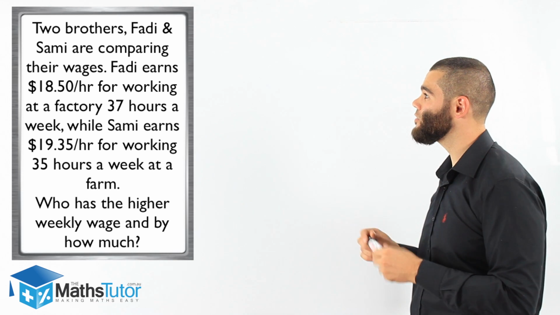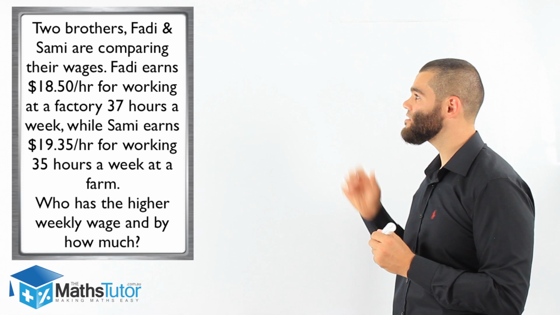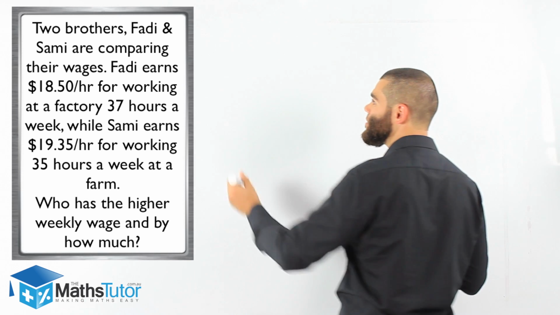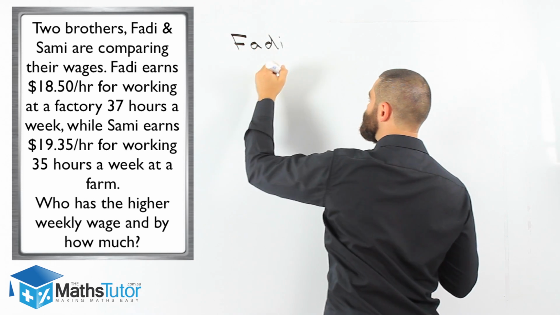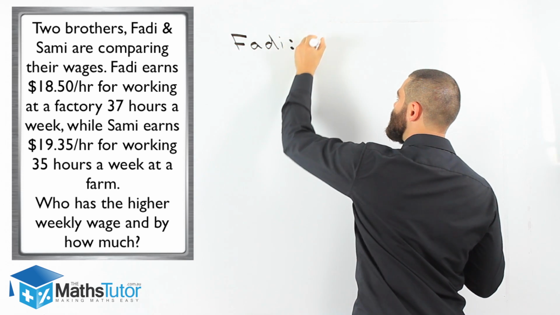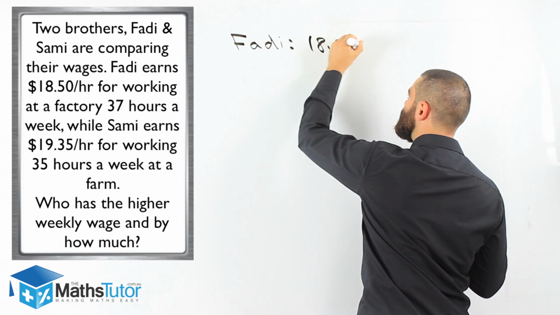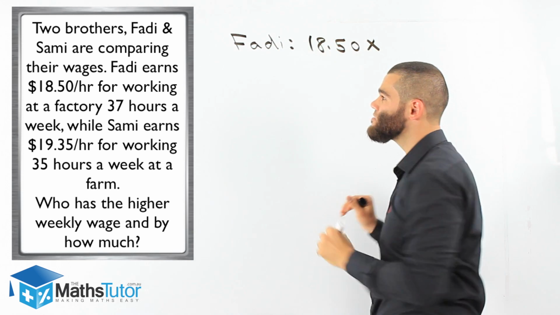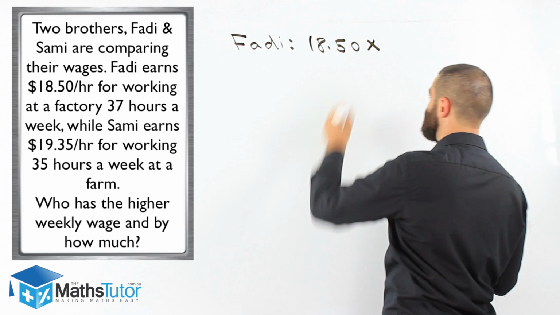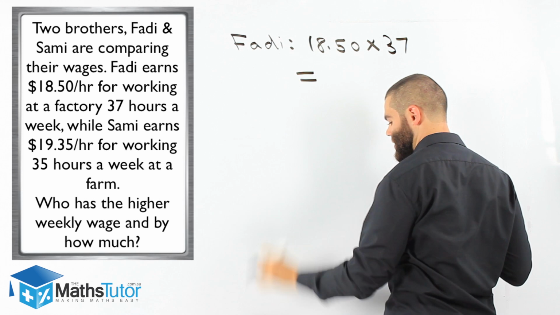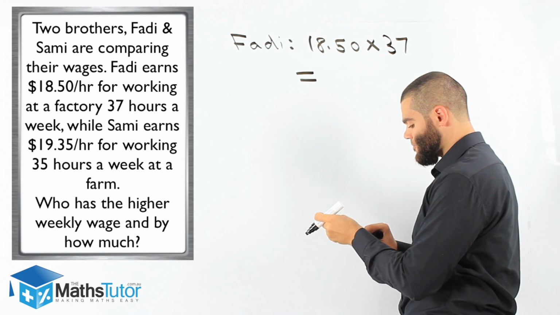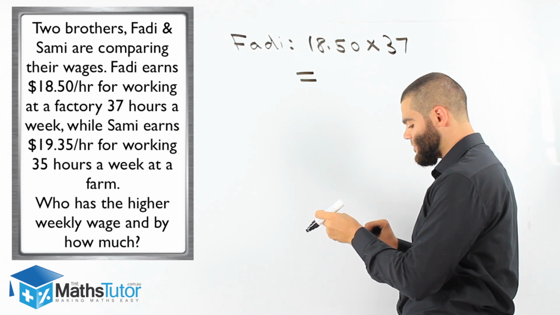Let's see by doing Fadi's earnings first. Let's see his weekly wage. $18.50. So Fadi, $18.50 times, how many hours does he work? He works 37 hours. We're going to work out, grab your calculator, $18.50 times 37.